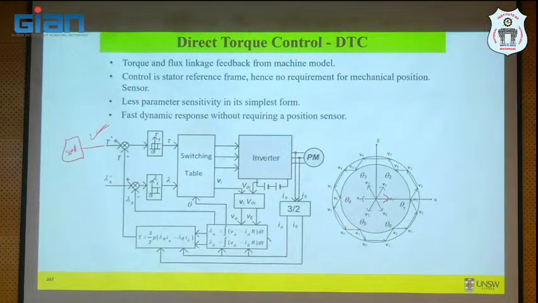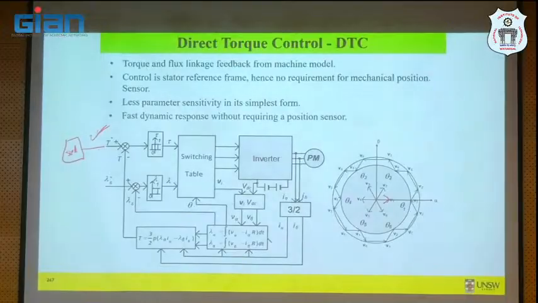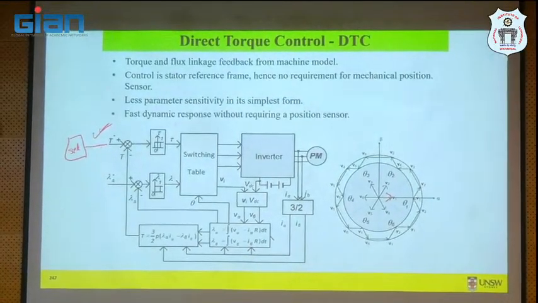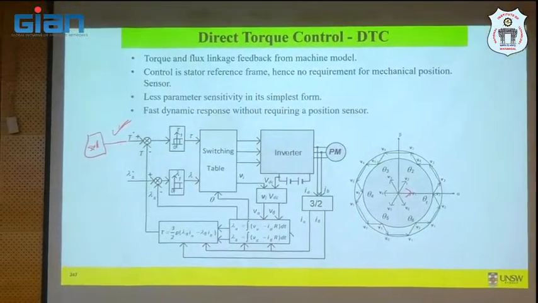So because you are producing them discretely, that leads to high torque ripple and flux ripple in the system. So you get very high torque ripple, which is troublesome for high performance applications. Okay, high torque ripple means noise, vibration, etc. Right? So that's the issue with classic DTC, and there are solutions which we'll be talking about tomorrow maybe.